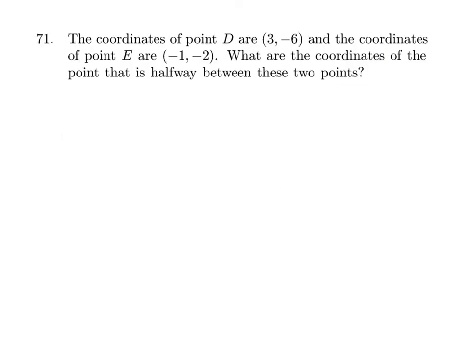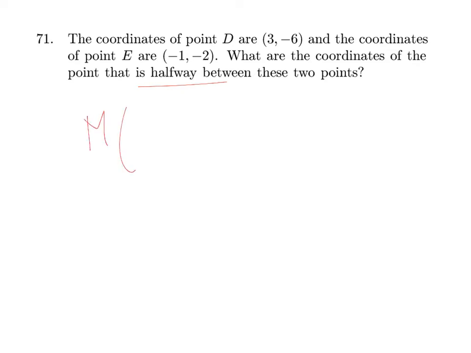Alright, 71. The coordinates of point D are 3, negative 6, and the coordinates of point E are negative 1, negative 2. What are the coordinates of the point that is halfway between these 2 points? Halfway would mean we're trying to find the midpoint.